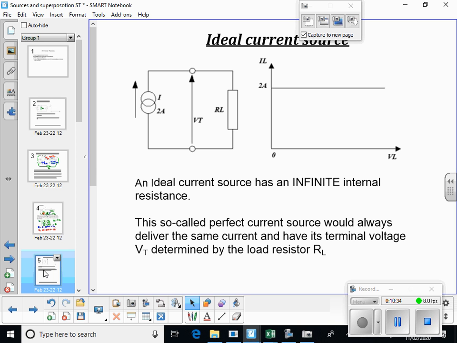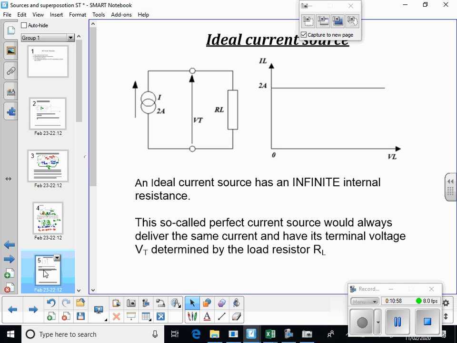An ideal current source has an infinite internal resistance, so there's no current loss within the source at all. So the so-called perfect current source would always deliver the same current and have its terminal voltage Vt determined by the load resistor RL.